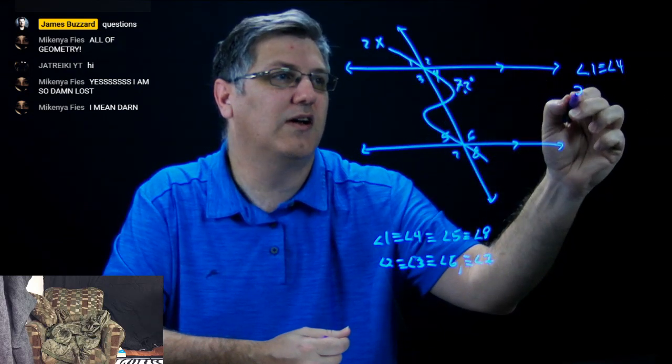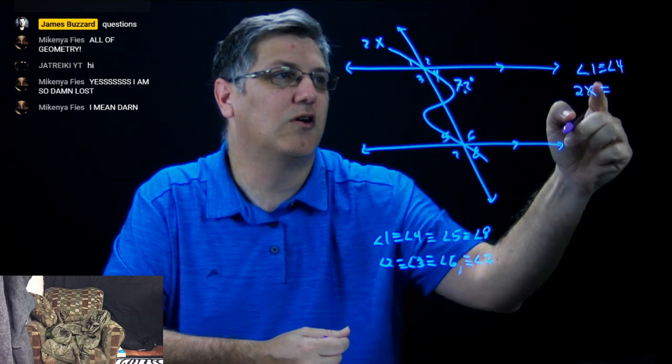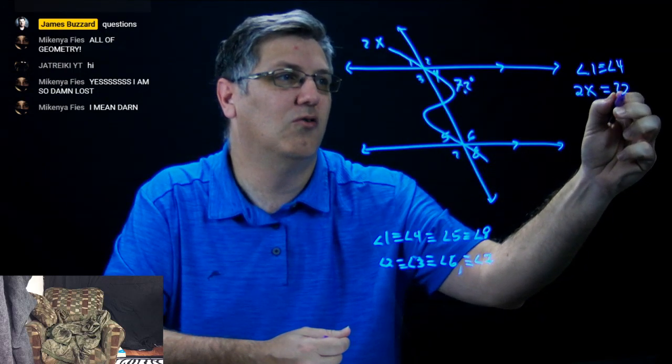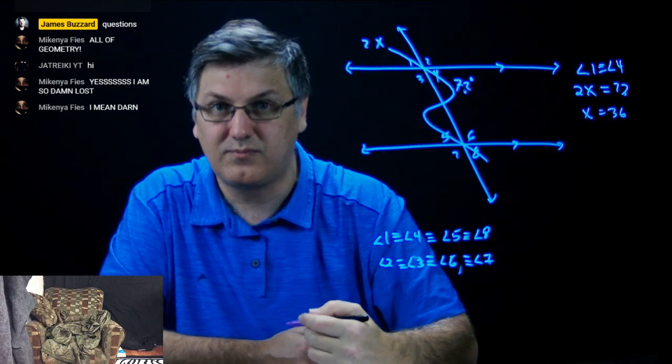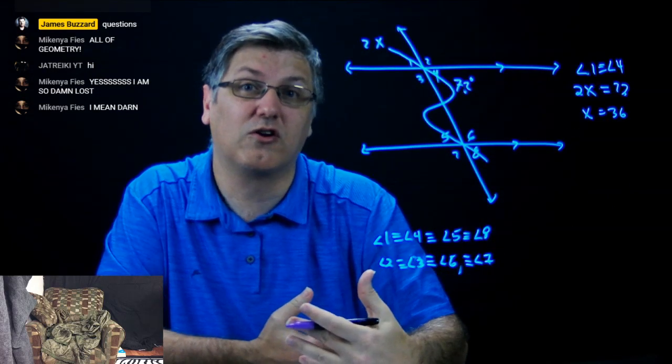Angle 1 was 2x, and that's going to equal 72. Divide by 2 on both sides, and x equals 36. That's how you deal with things that are congruent.